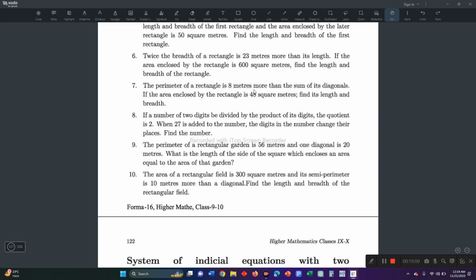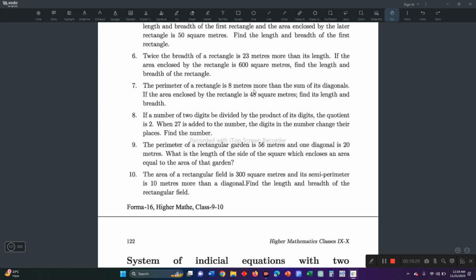As both diagonals of a rectangle are equal, the sum of its diagonals will be 2 into root over x square plus y square. The perimeter is 8 meters more than the sum of its diagonals. That means 8 plus 2 into root over x square plus y square is equal to 2 into (x plus y). This is the first condition.